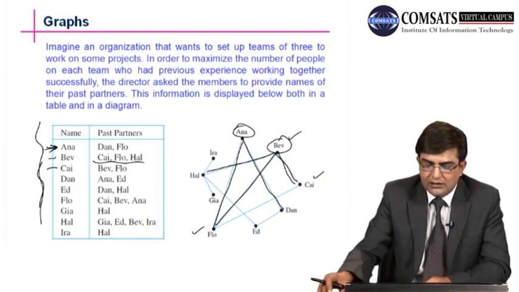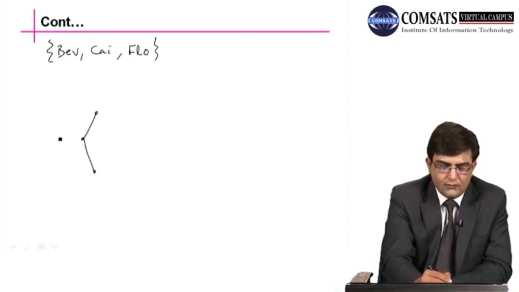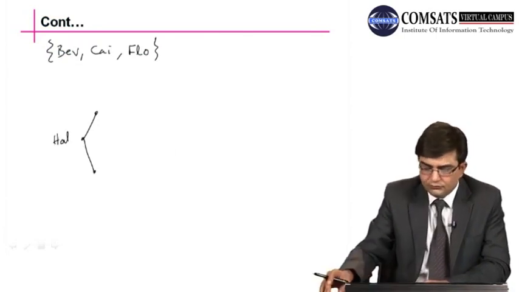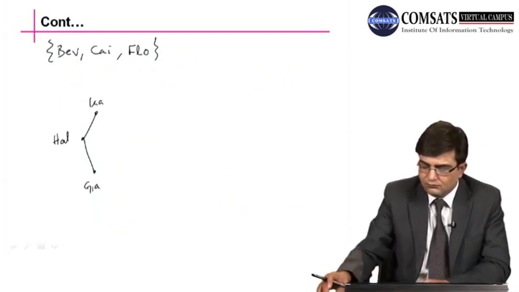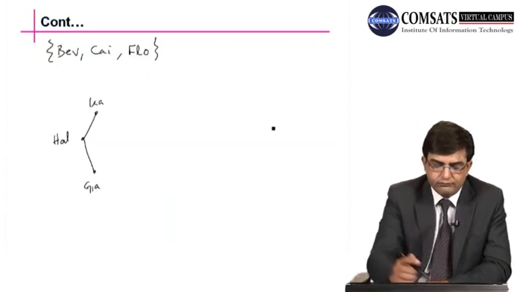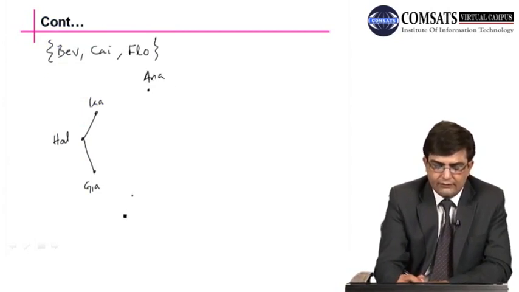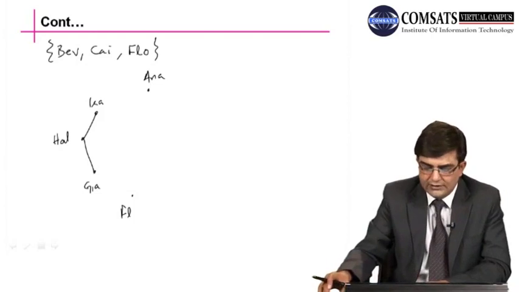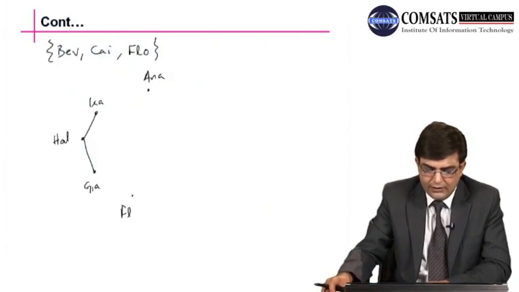Now what are we left with in this graph? Here we have Hal, Ira and Gia, Anna, Flu. Flu has already been selected, so Flu cannot come here.